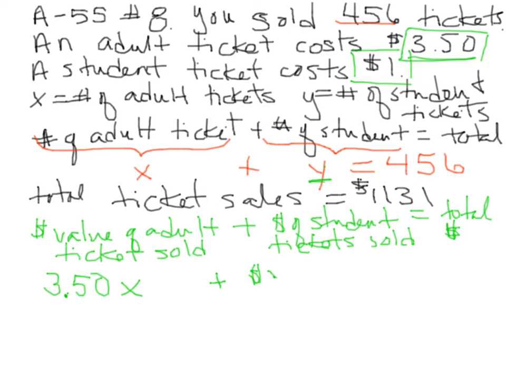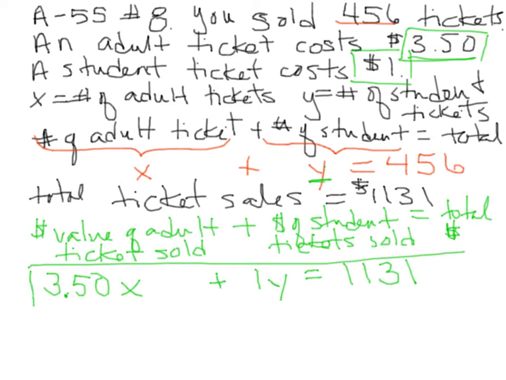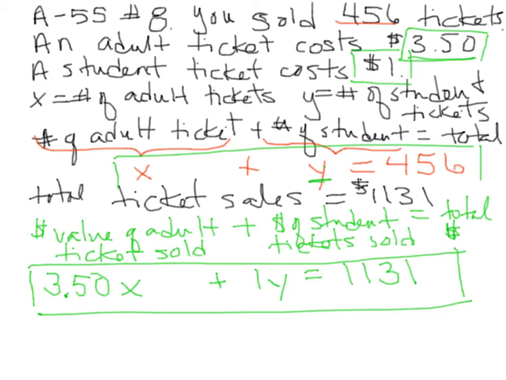Let me just clean that up. It got kind of sloppy, sorry. So I get $1 for every Y, and that's going to equal my total of $11,031. So this is one of my equations in both variables, and this is the other equation in both variables. Let's move to a new slide and take our two equations.